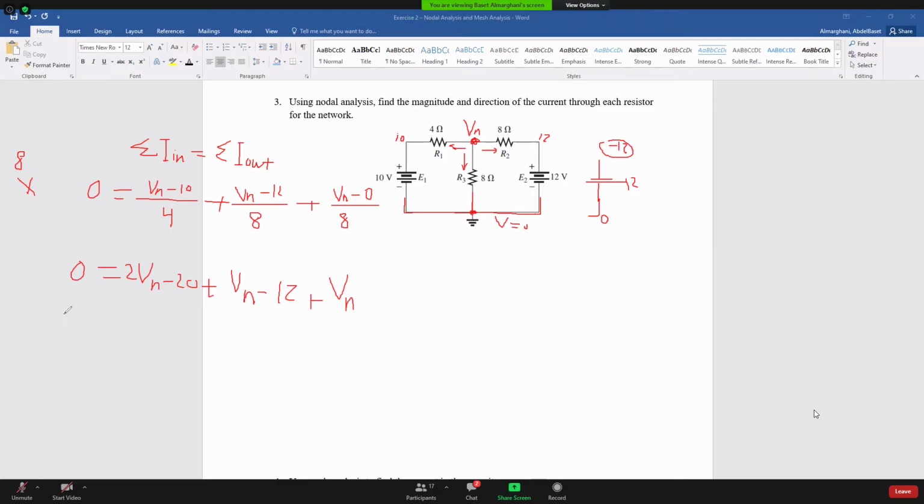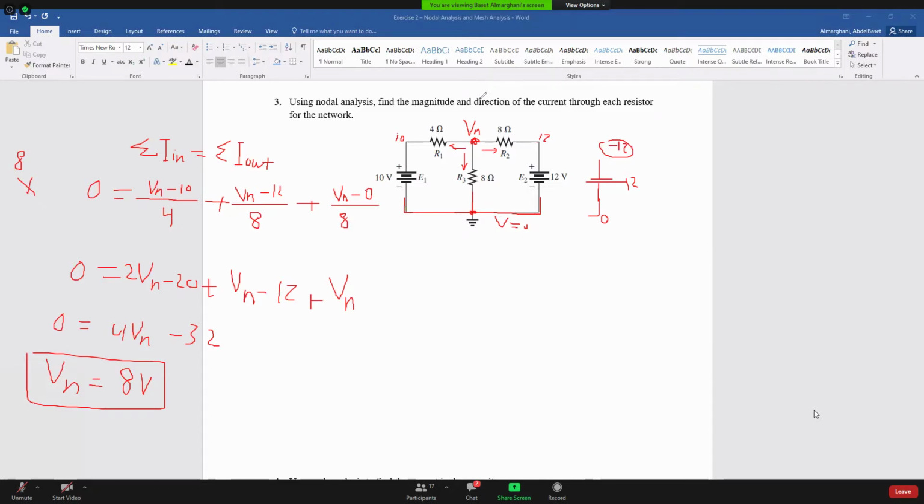So from here, 0 equals 4Vn minus 32. 2 and 1 is 4, minus 20 and minus 12 is minus 32, so Vn equals 8 volt. This is Vn.